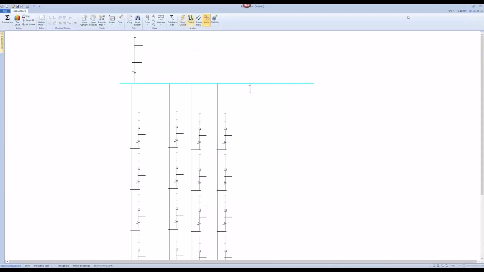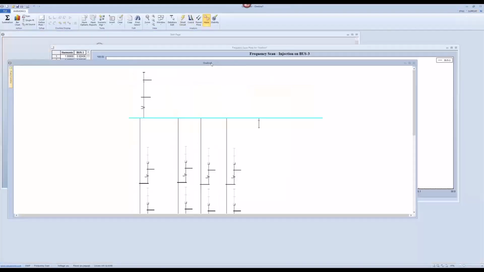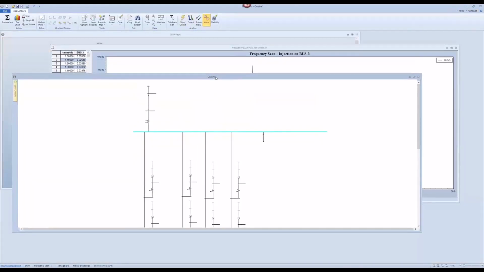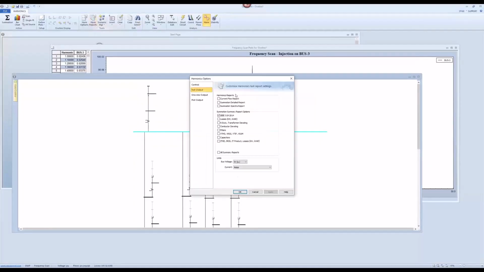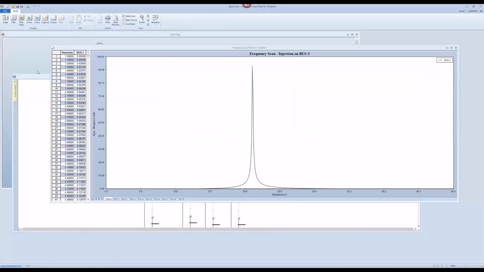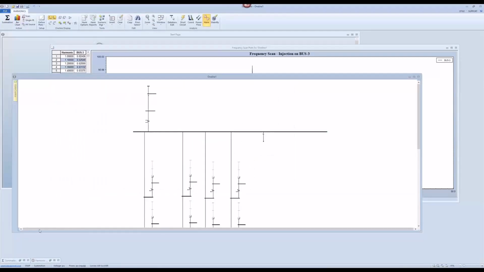I'll show you. If you don't know which standard to comply with, or the standard you have to comply with is not IEEE 519, what you can do is go to Harmonic reports and select the summation, spectra report and detailed report. Click on OK. So do a summation.